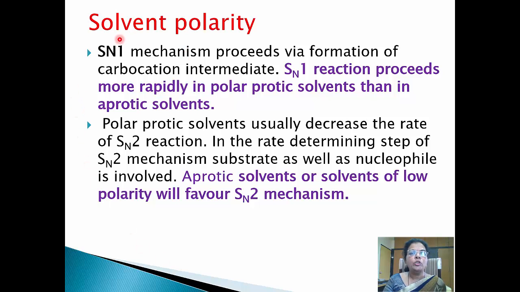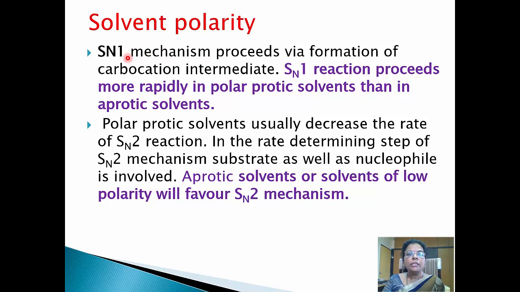Now third point, solvent polarity. In case of the SN1 mechanism, we have seen that ionization of the substrate takes place, that is tertiary butyl bromide undergoes ionization to form tertiary butyl carbonium ion and halogen ion, that is Br minus ion.